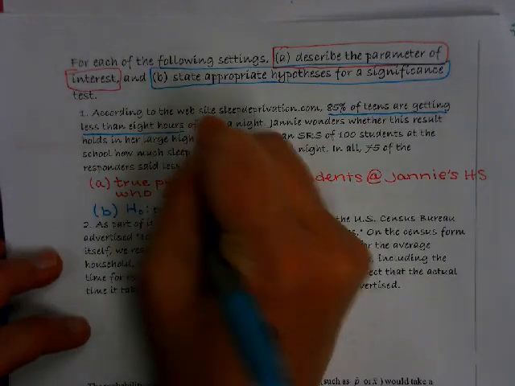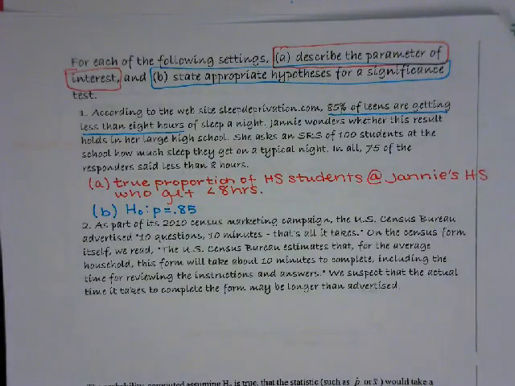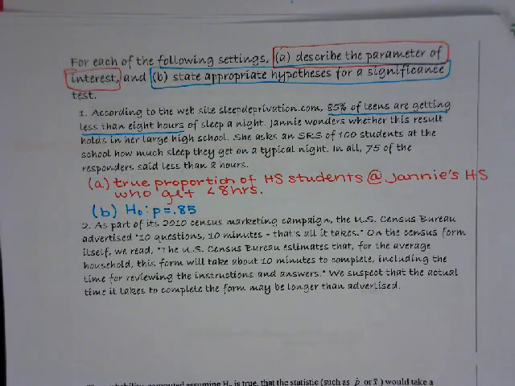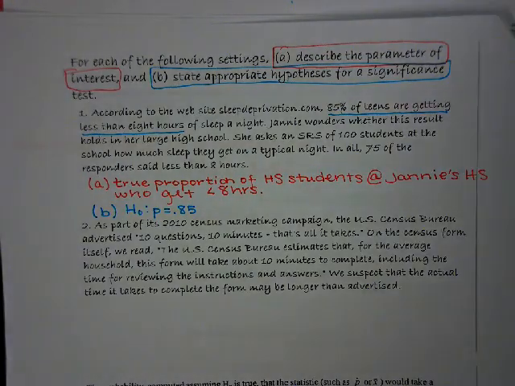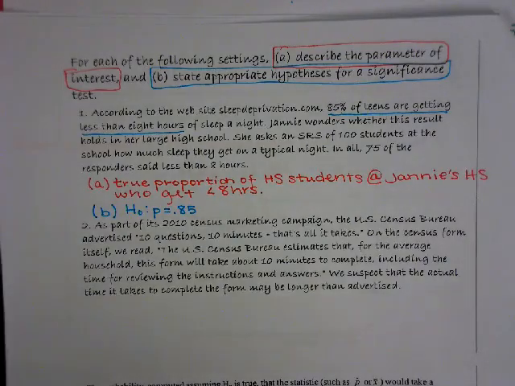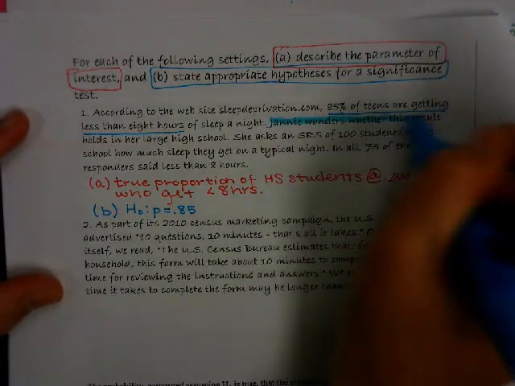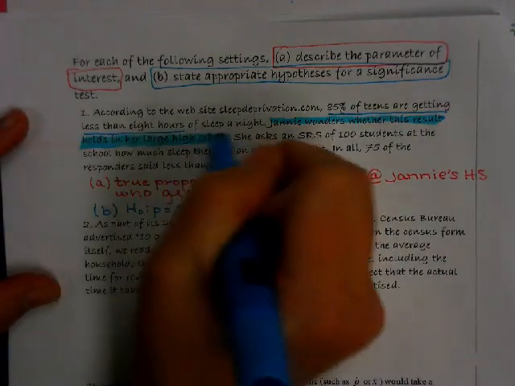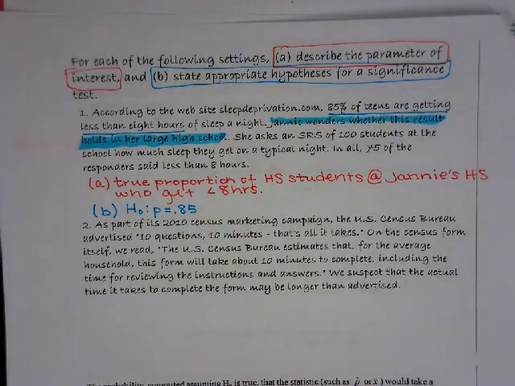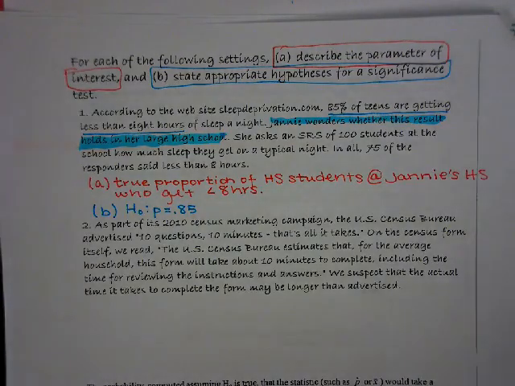The claim is that 85% get less than 8 hours. Janie just says she wonders if it holds true. It doesn't tell us whether she thinks less kids get 8 hours of sleep or more kids get 8 hours of sleep. It just says that she wonders if it holds.